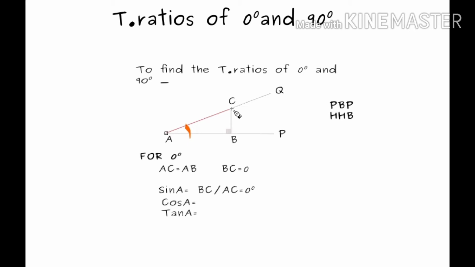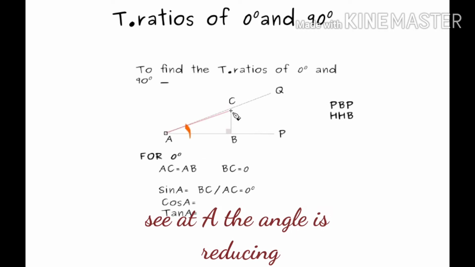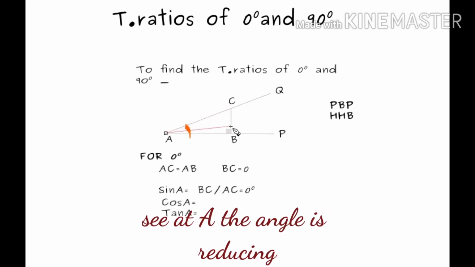When you bring this hypotenuse to the base at point B, your angle reduces. You can see over here, look at the vertex A, the angle is reducing, and this becomes 0 degree when the line segment completely overlaps AB.